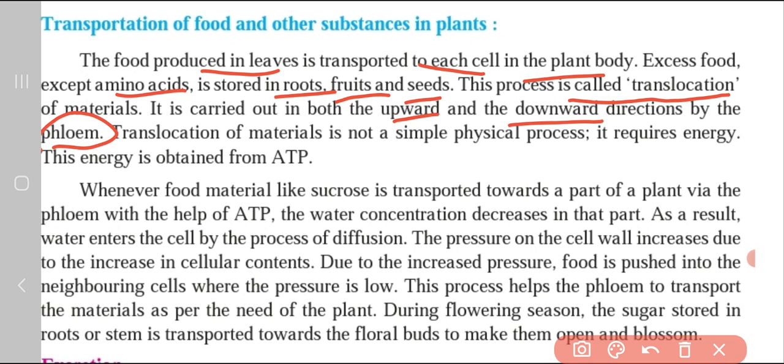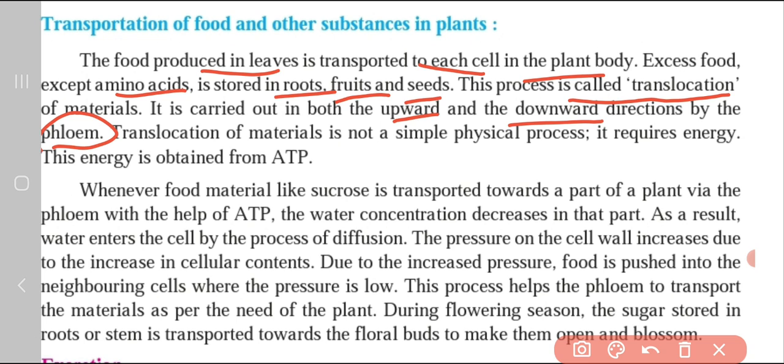Very important: phloem is said to be a conducting tissue, a food conducting tissue. We had discussed xylem in the last lecture. It was told to you that it's a water conducting tissue, and here the other conducting tissue is phloem, which carries out food transportation in the plant body.